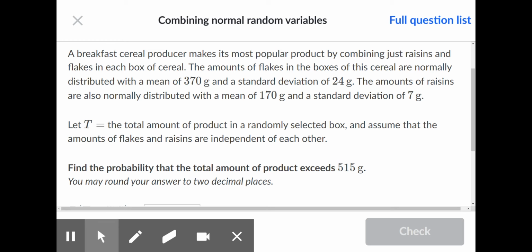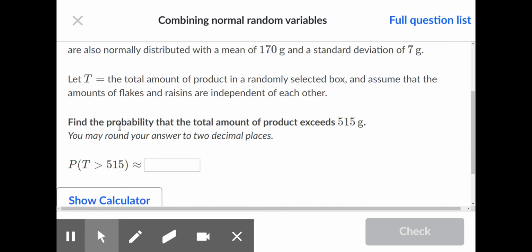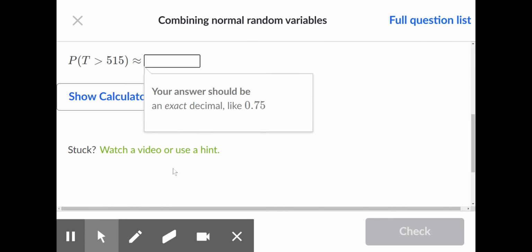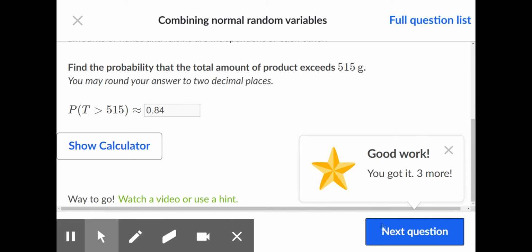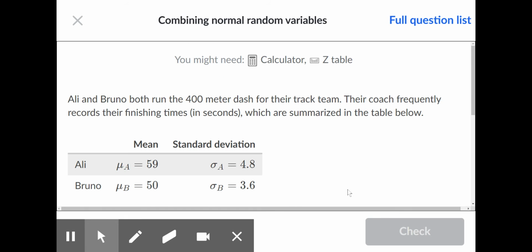So the probability that the amount of product exceeds 515 grams, rounded to 2 decimal places, is 0.84. Hallelujah.